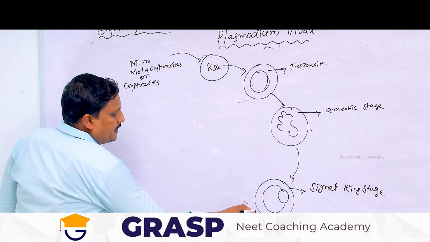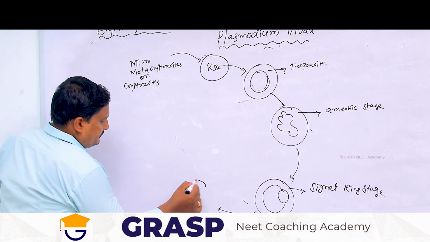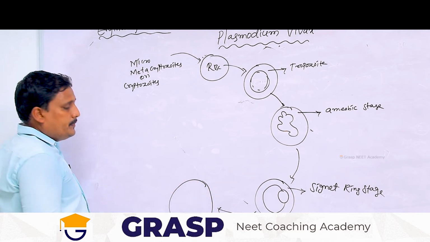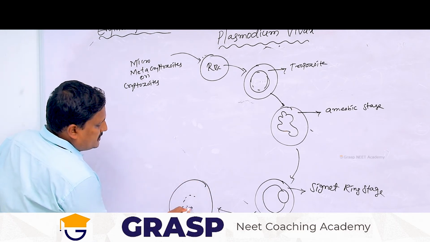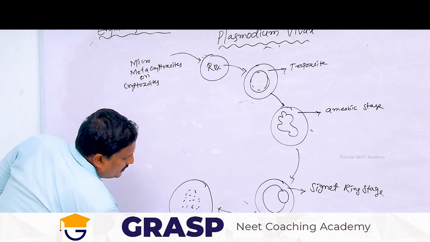Then the vacuole disappears and the nucleus of the parasite undergoes many successive mitotic divisions, forming the schizont.